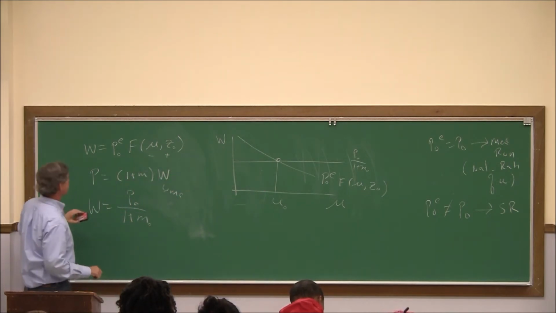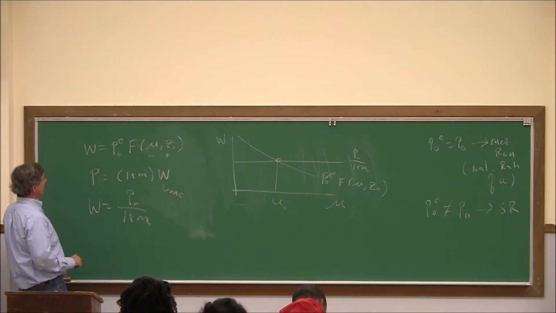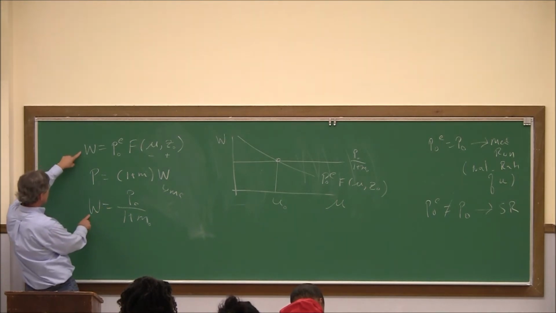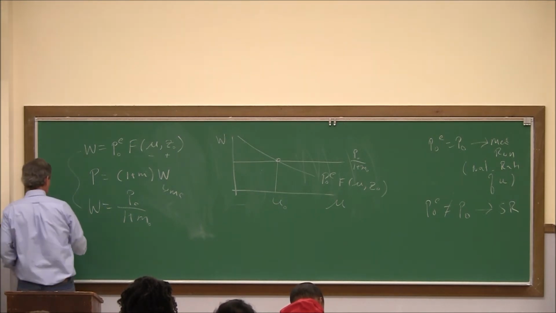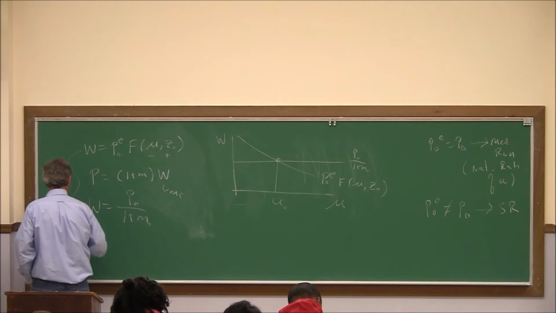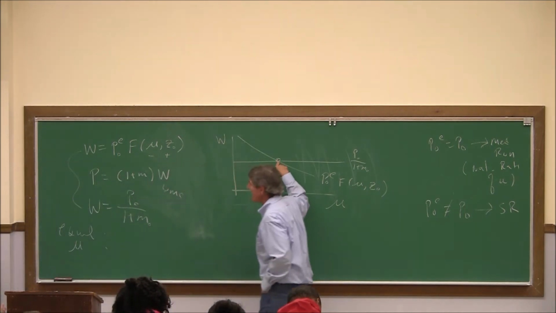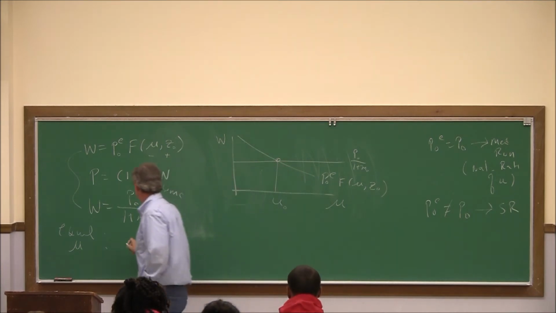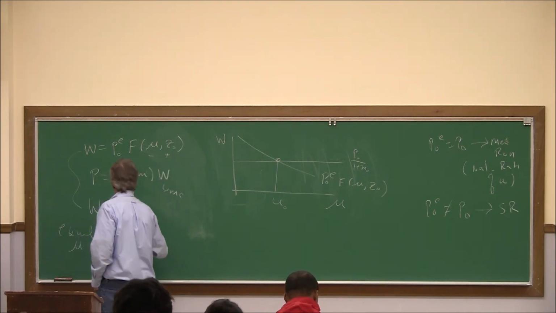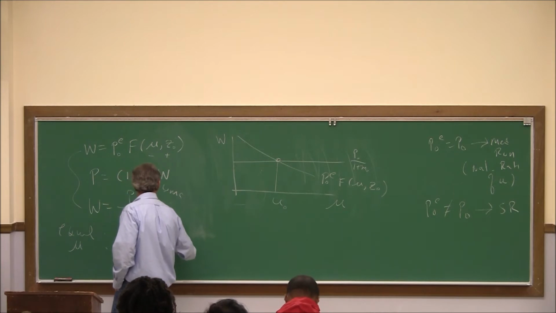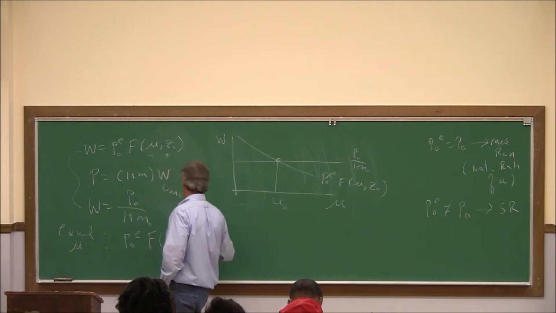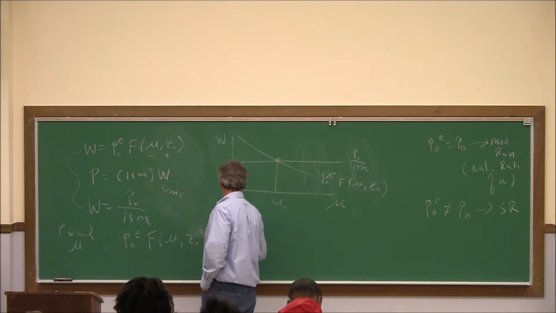In fact, for the equilibrium here, I can set the W's equal. So the equilibrium U would be where those two things are equal. That's this point right here. So that'll be where P0^e F of U and Z0 equals P0 over 1 plus M0.